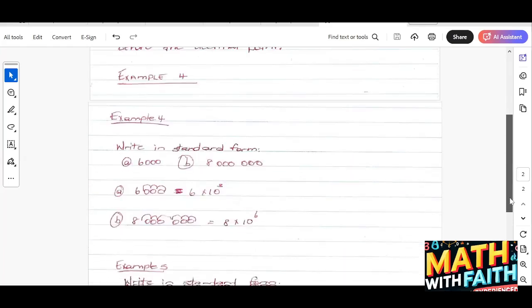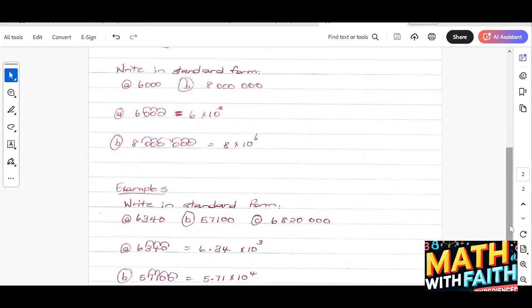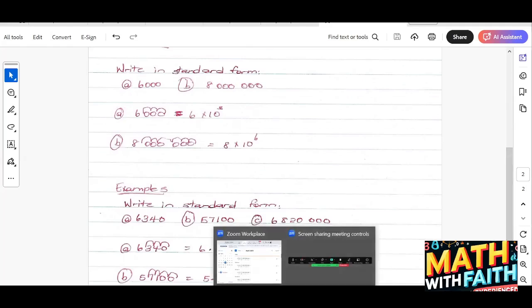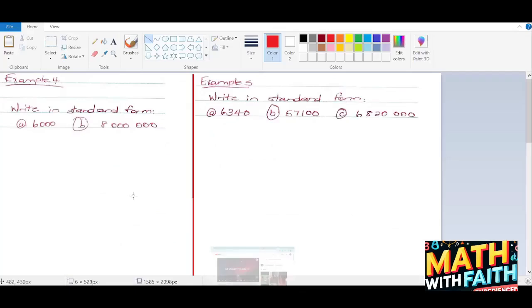Instead of saying it, let's look at the example. Example 4 is the standard form. A, 6,000. We know the point is not stated in the number, but it is after 6,000, that is, 6,000 point nothing, nothing.